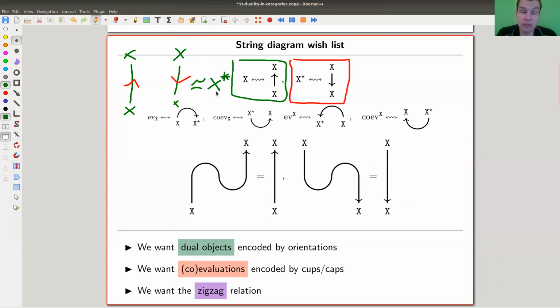So right now, I just go with it. I want to have dual objects in my category that I encode by an orientation. And a dual object will be something like a dual vector space, just more general. What makes this object dual is that there are certain maps, and there are four versions of this map.